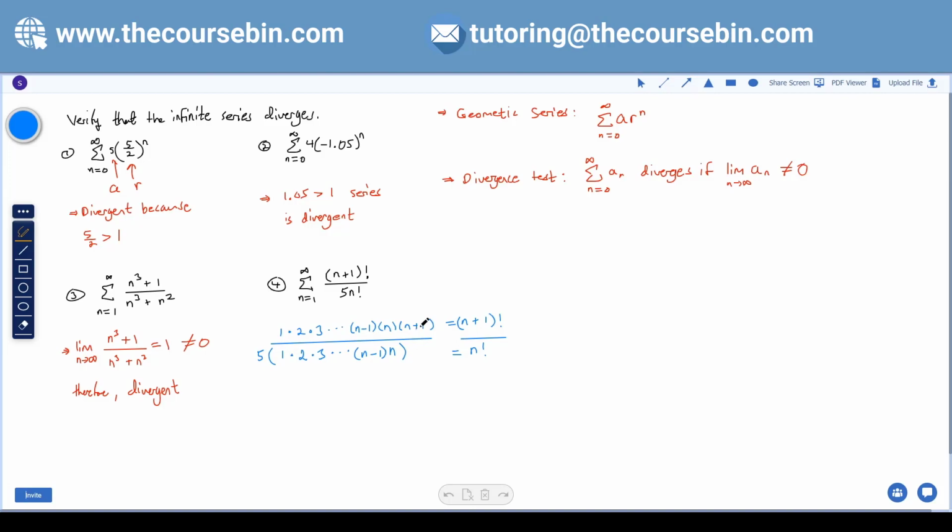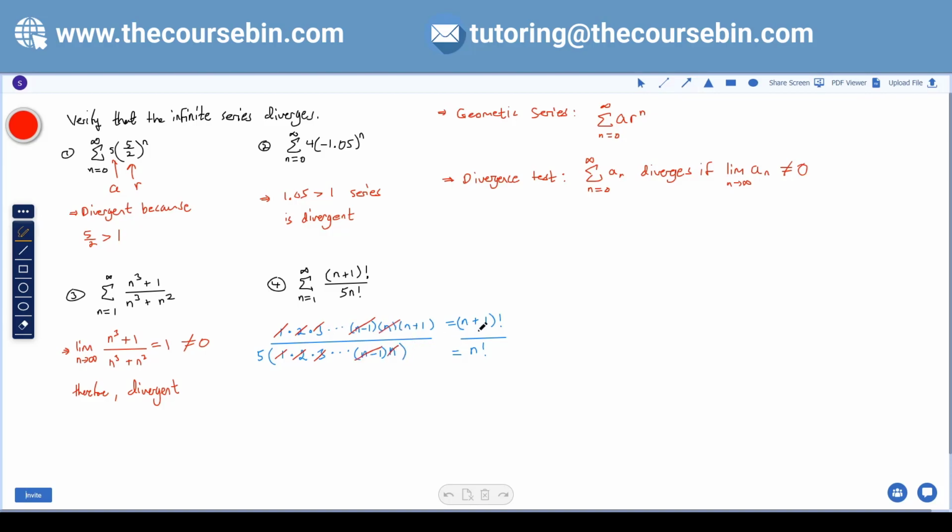But yeah, since we're dividing these two values, you can see clearly which values cancel out, right? 1, 2, 3, all the way up until n minus 1, and even the n cancels.